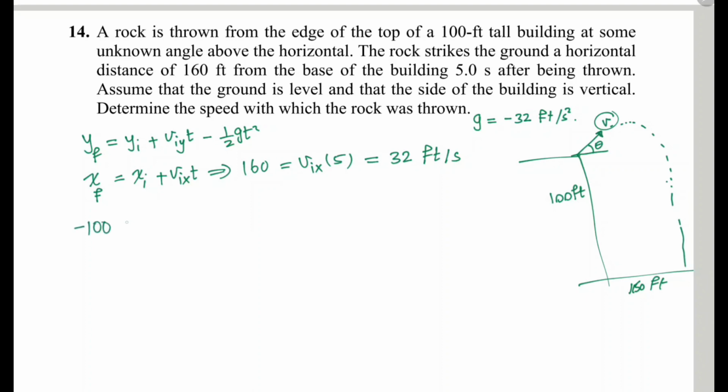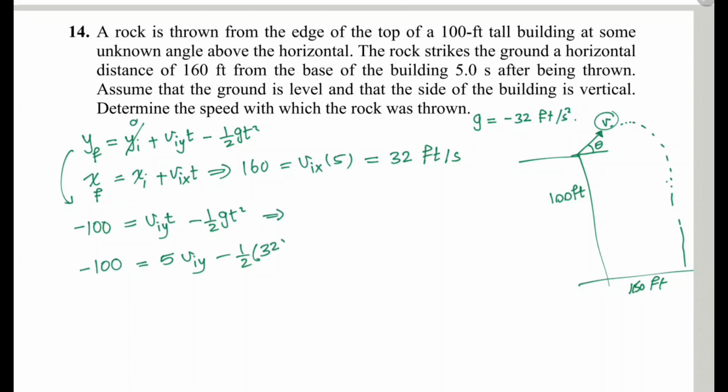Minus 100 is my equation right here, equal to, this is 0, the initial y t minus half g t squared, and minus 100 equals 5 the initial y minus half, and remember g equals 32 foot per second squared.